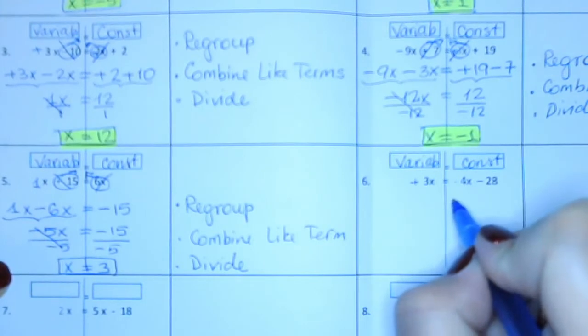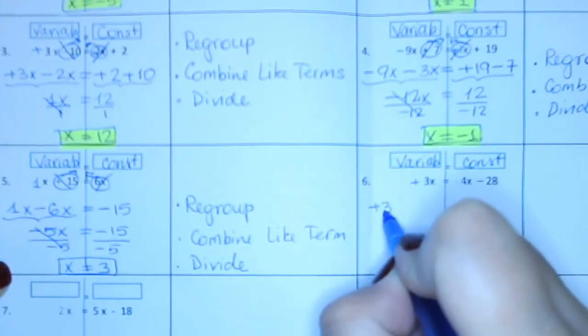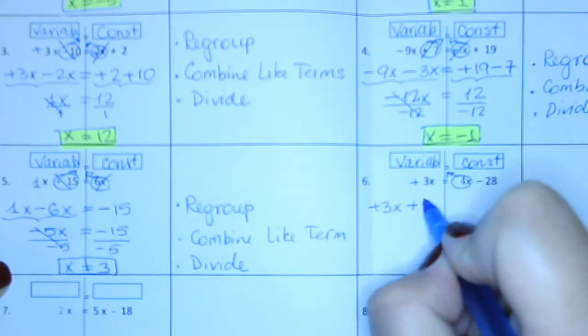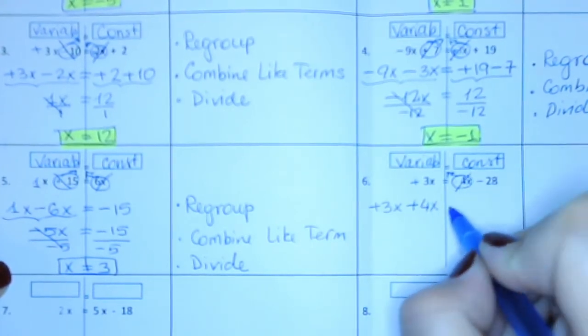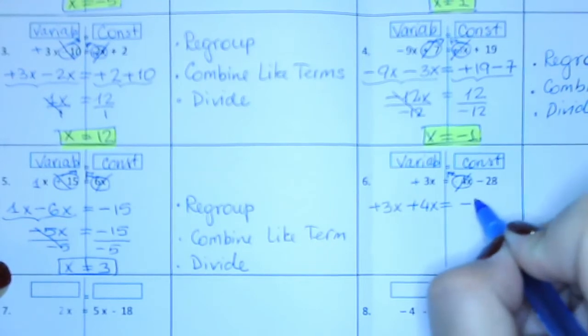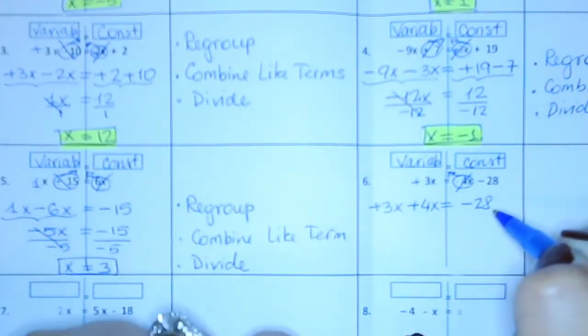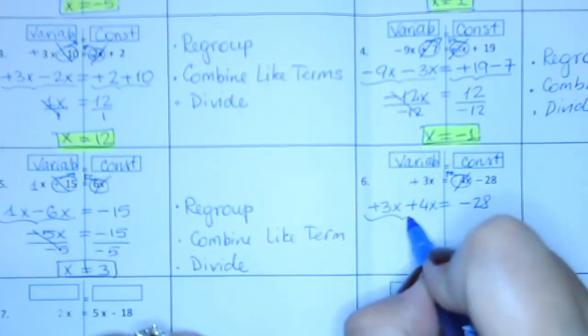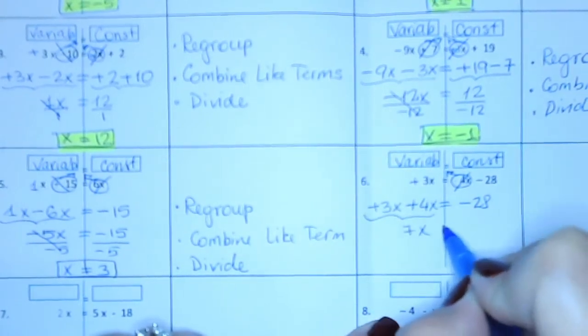Positive 3x is a variable term. This variable term needs to come join, inverse the operation, plus 4x. Constant is on the right-hand side, and it stays on the right-hand side because that's where it belongs. Combine the like terms.